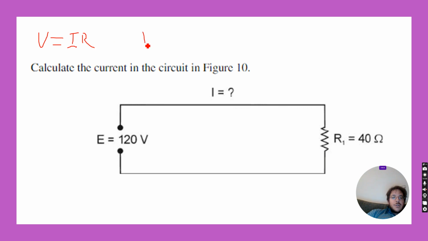We can rewrite that so I equals V over R, or in other words, 120 volts over 40 ohms gives us 3 amps, which is also known as 3 coulombs per second. That's the last time you will see that. So I here is 3 amps.